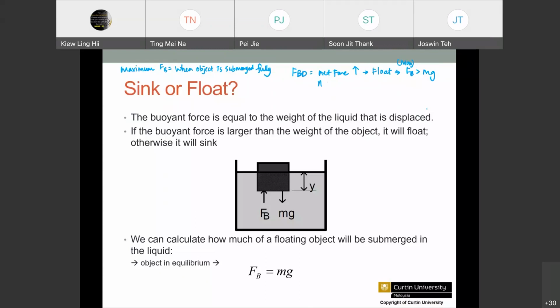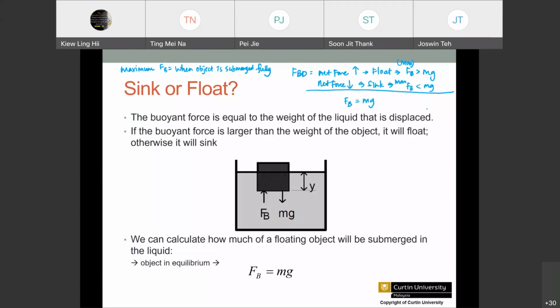Likewise, if your net force is going downward, then this object will sink. In this case, the maximum buoyant force of the object is smaller than the weight of the object. So the net force will go downwards, and the object will just sink down to the bottom. When they are in equilibrium, which means the object is not moving anymore, that is when the buoyant force is just equal to mg.